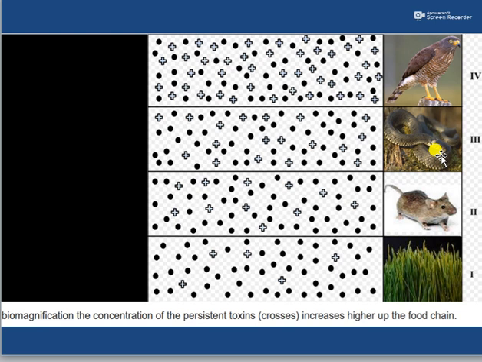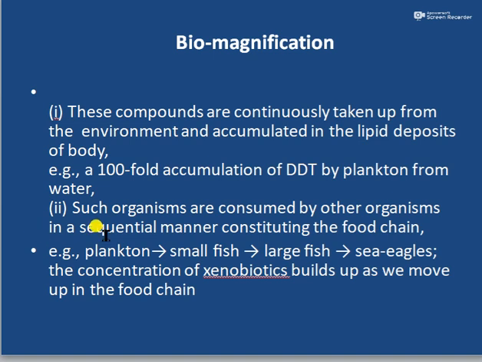The rat is consumed by the snake. The snake is being eaten by the eagle. So what happens? Now, if you consider the pesticide DDT which has been applied here, what happens?